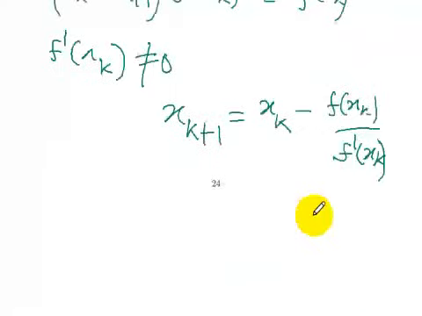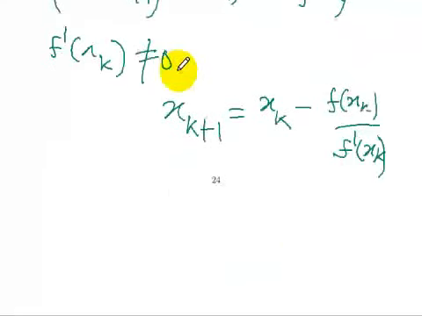This is Newton's method, Newton's formula, for k equal to 1, 2, 3, and this goes on. Before considering an example, let's verify the following result.